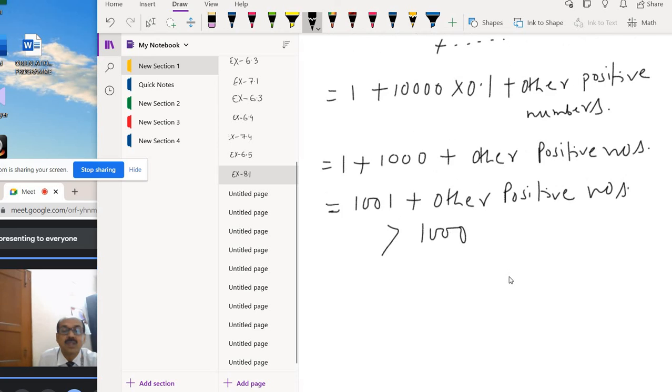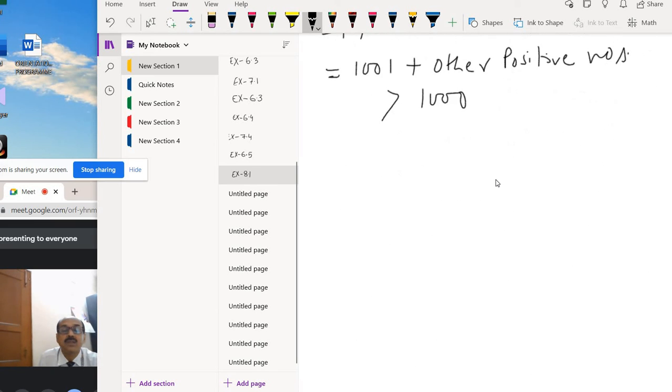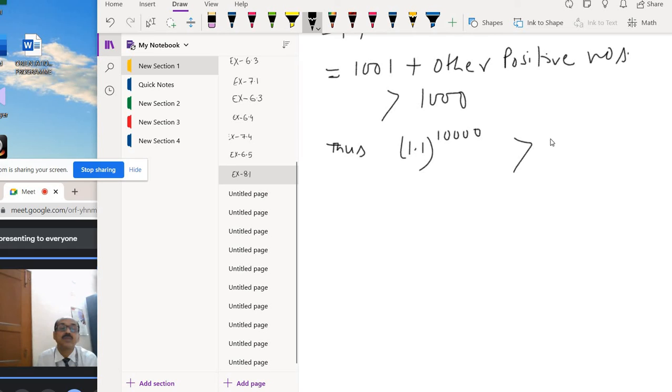Thus we can say 1.1 to the power 10,000 is larger than 1000.